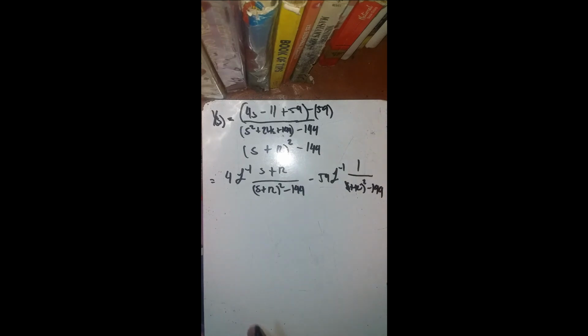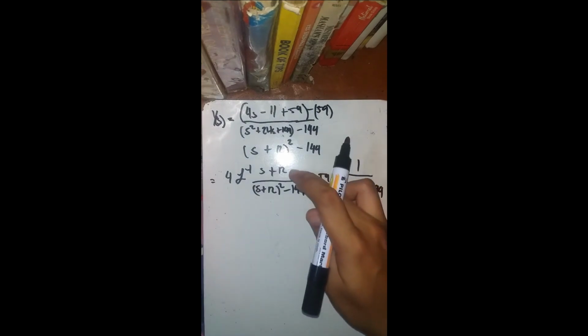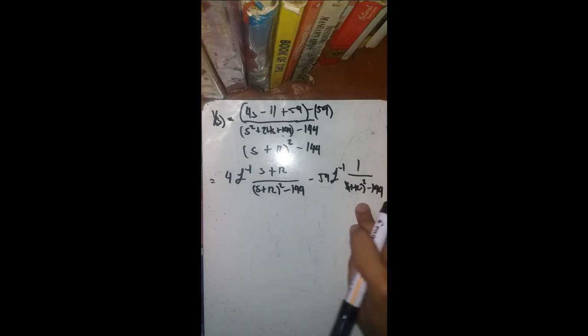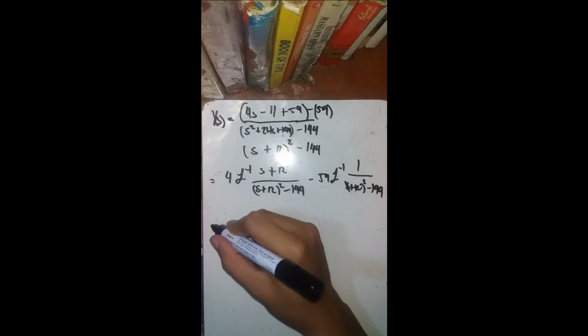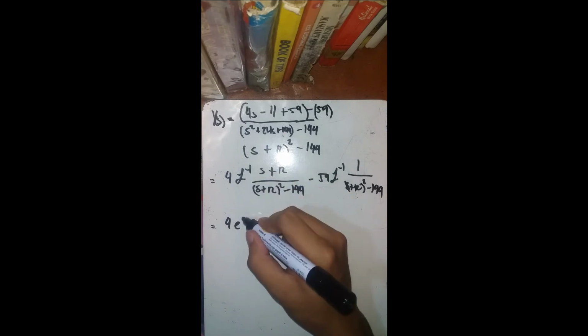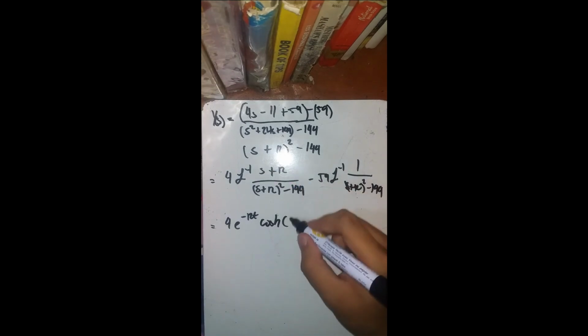Now we notice that we have here a shifting of negative 12, and this is also a cos hyperbolic and sine hyperbolic in our table. So the final answer here is 4e raised to negative 12t cos hyperbolic of 12t.